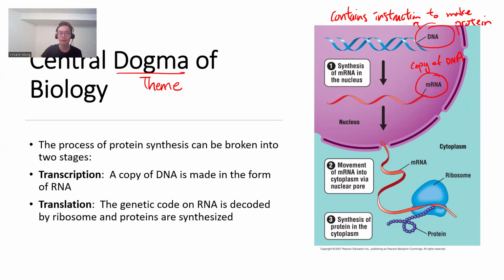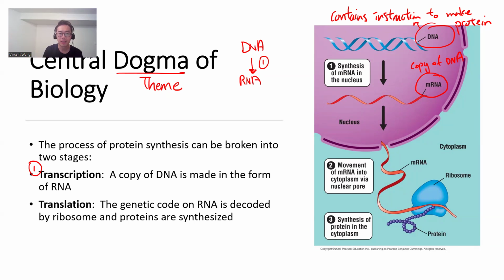So the flow of information goes like this. DNA becomes RNA. This is called transcription, because it's the same language. DNA and RNA are both nucleotides, A, C, G, and then T or U. Transcribing, you're copying.